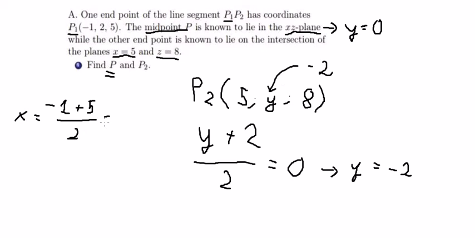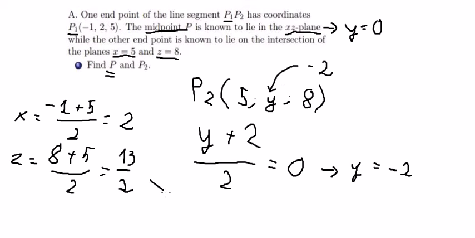You get 2. About z, we have 8 and we have 5. 8 plus 5, you get 13 over 2.